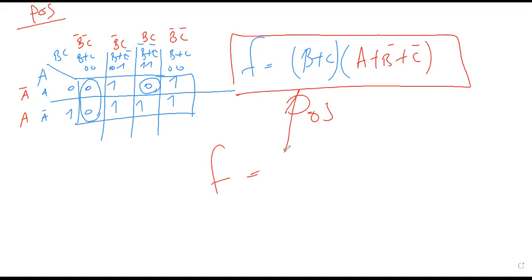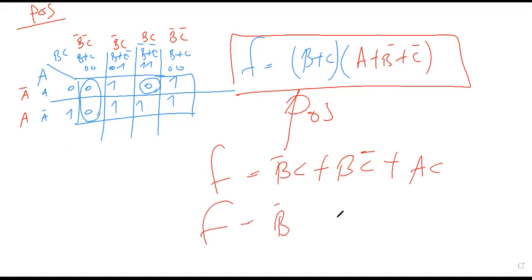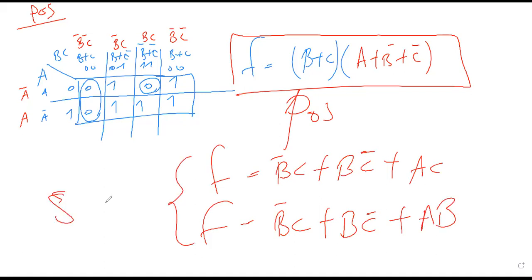Help me. B bar C plus B C bar plus AC plus AB. These are sum of products, and this one is product of sum.